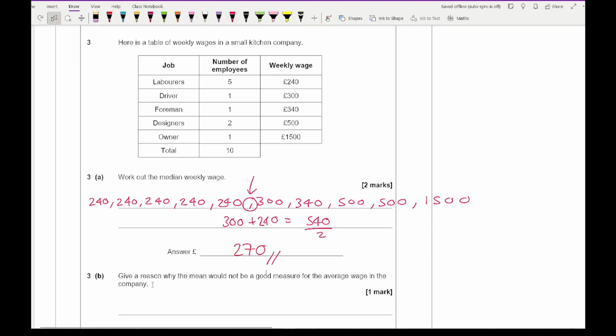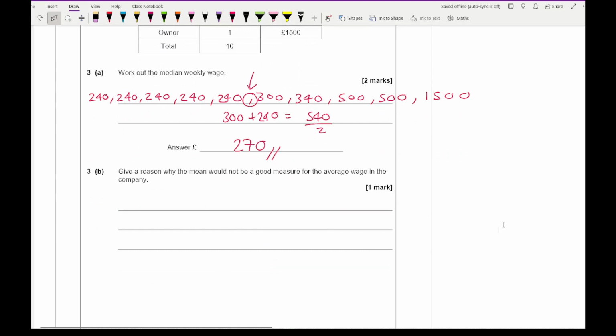Then it says give a reason why the mean would not be a good measure of the average wage of a company. And again, something along the lines of, because there's a big range, and only use the mean when the range is small or data is similar.